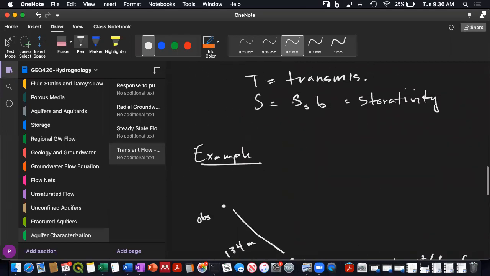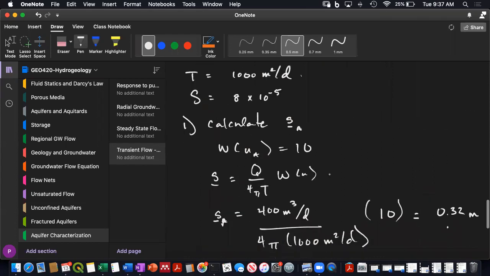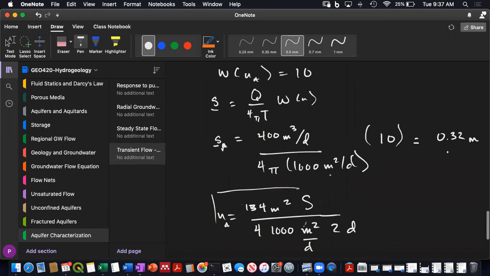All right. I've got another well B pumping at 200 meters cubed per day for 48 hours. What is the drawdown?